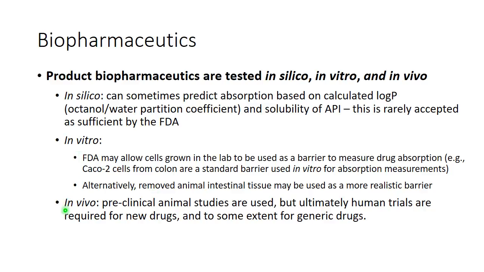In vivo, preclinical animal studies are used, but ultimately human trials are required for new drugs and to some extent for generic drugs. So they can use, and I don't know to what extent they still do, but for many years they used beagles, beagle dogs, in these types of pharmacokinetic tests, and I believe they still do to some extent.